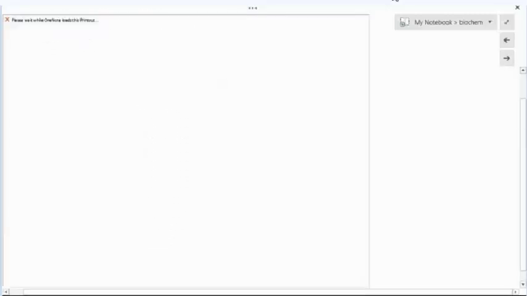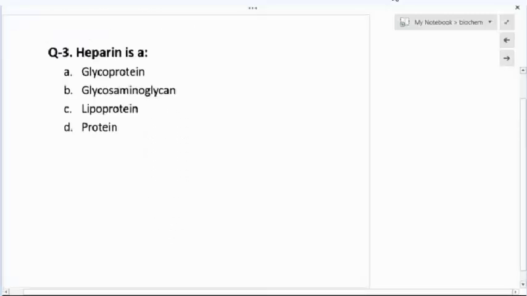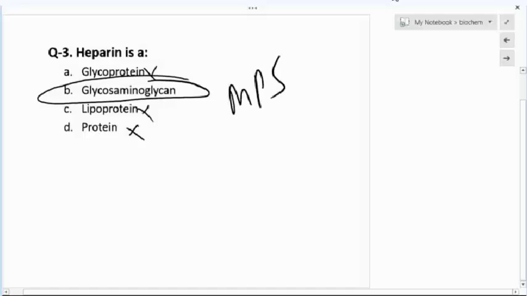Now when we talk about the next question, heparin. Heparin is not a glycoprotein, not a lipoprotein, not a simple protein. Heparin is a glycosaminoglycan, which otherwise is called mucopolysaccharide. We have got 7 names in fact under this particular heading.